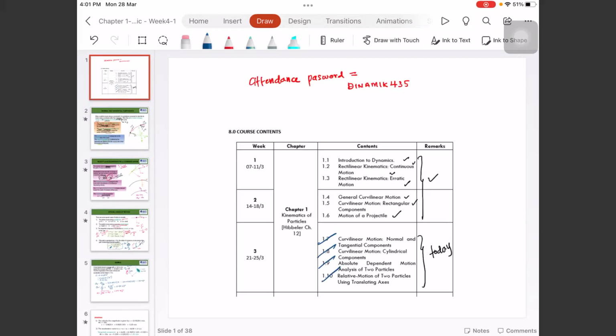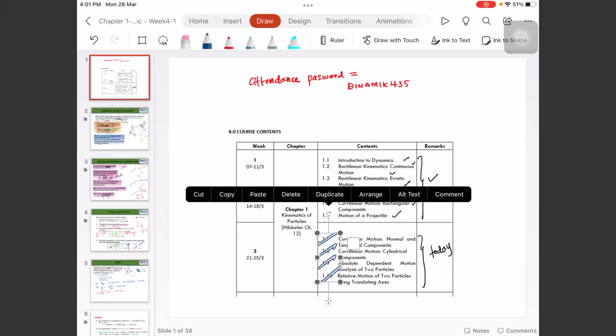So dah pukul 4. So kalau tak ada soalan, kita stop here and kita jumpa pada Khamis, boleh? Boleh sir. Okay, kita jumpa hari Khamis. Terima kasih semua. Nanti saya upload dekat inilah.